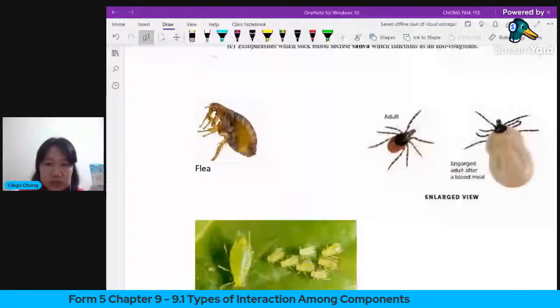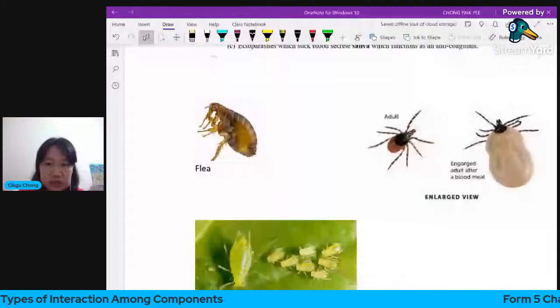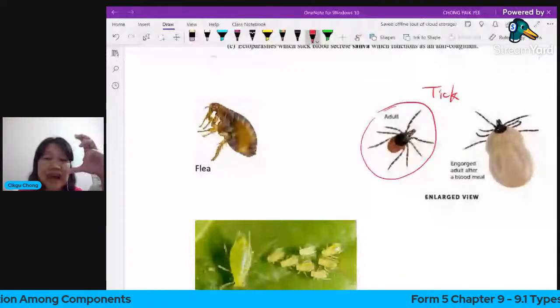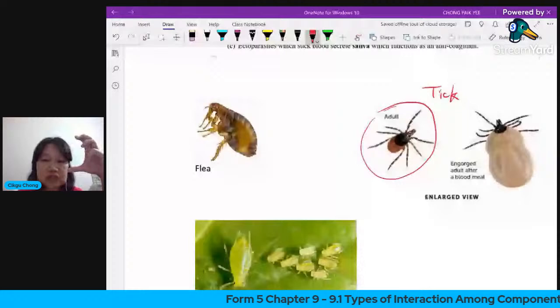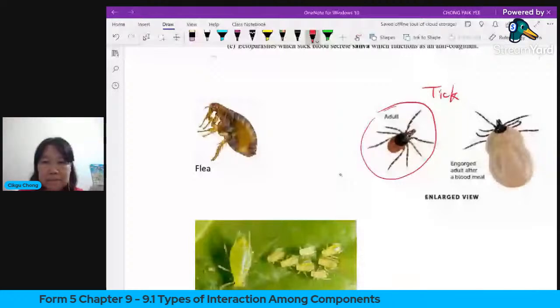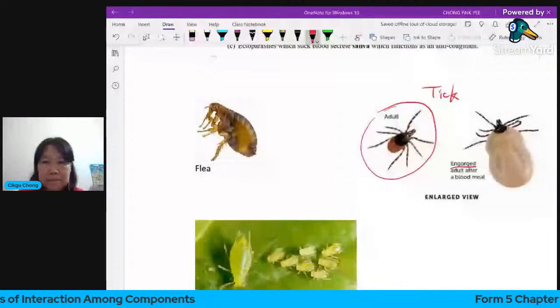But then they suck the blood until the body becomes so large. And then when you press onto it, all the blood will come out. So that is engorged. Engorged is bengkak already. Yeah, this is the dog tick.